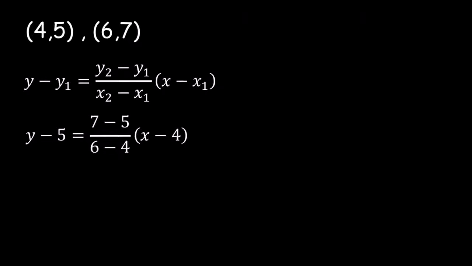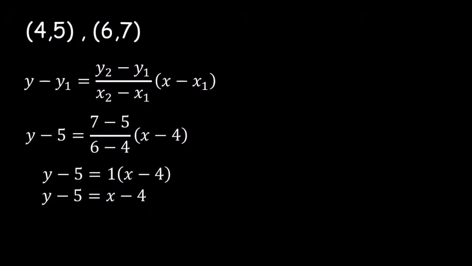First, we simplify (7 minus 5) over (6 minus 4). That would be 2 over 2, or 1. So the equation would be y minus 5 equals 1 times (x minus 4), or simply y minus 5 equals x minus 4.